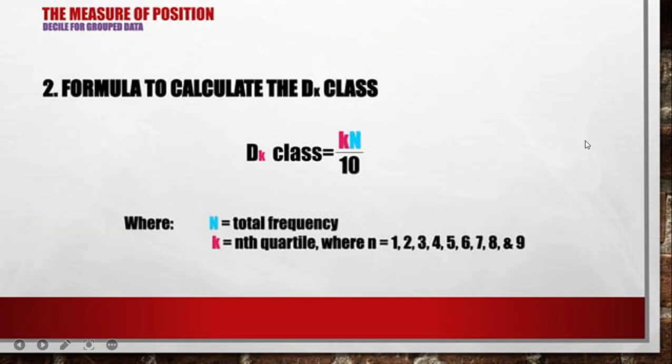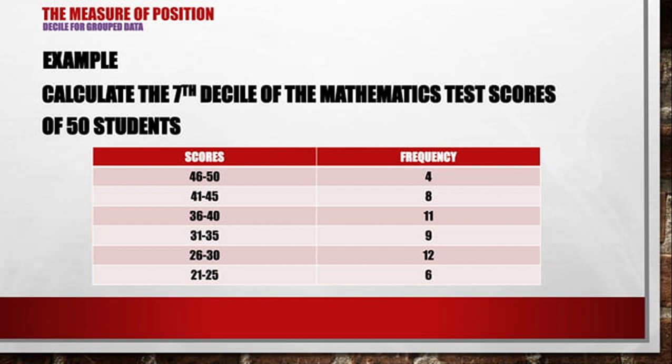So again, ingani ang pagkuha nato, or kini na formula ang ato gamiton when we calculate for the Dk class. So that is, Dk class is equal to k times n over 10. N is the total frequency and k is the nth decile where n is equal to 1 to 9. So unsaon man nato siya? For example, we are tasked to calculate the 7th decile of the mathematics test scores of 50 students. So again, group data na ni.